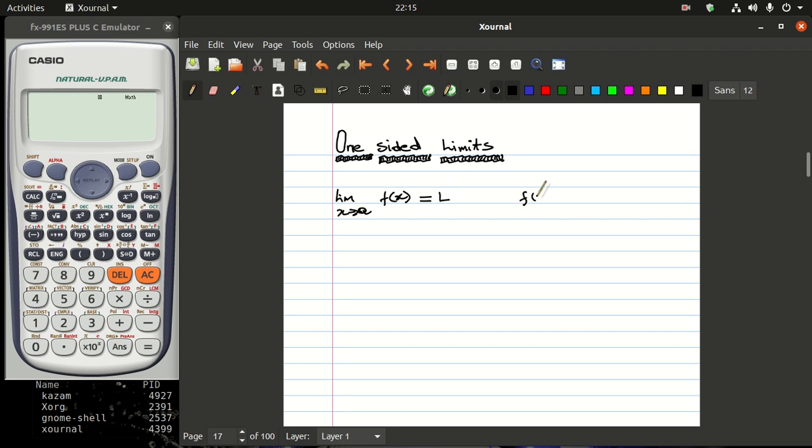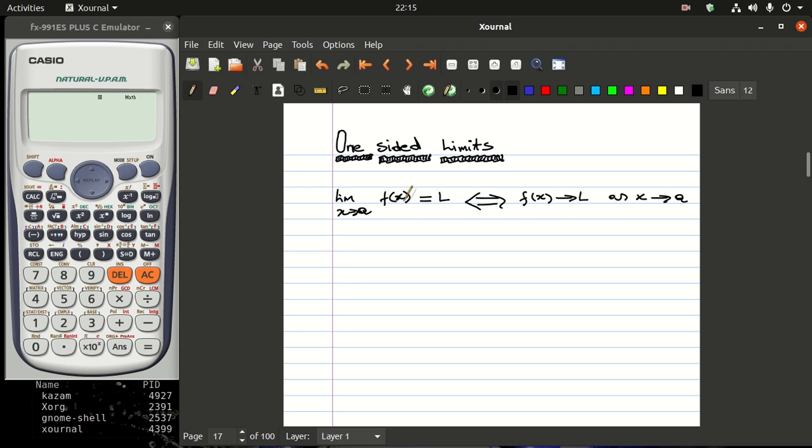We said that this simply means that f of x is approaching L as x approaches a, right? And we also said that this means the same thing as that.